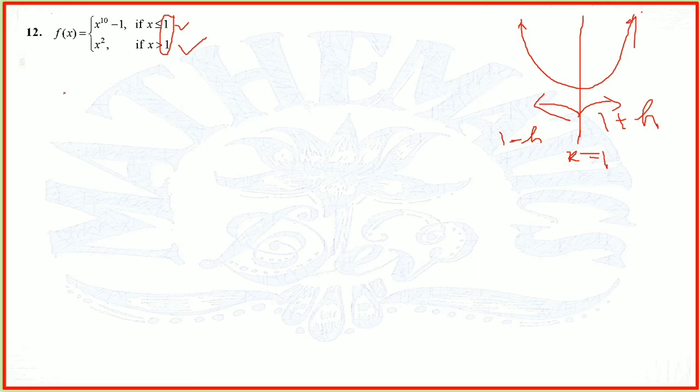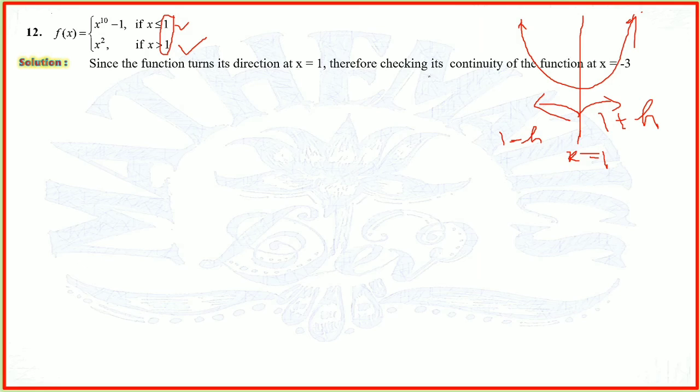So let us go for the solution. Now since the function turns its direction at x equal to 1, we check the continuity of the function at x equal to 1.